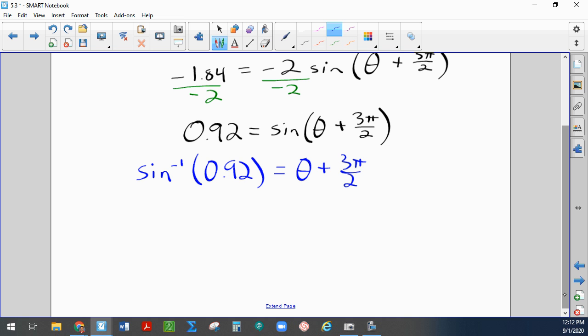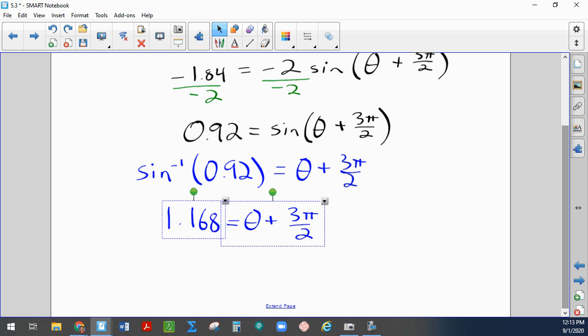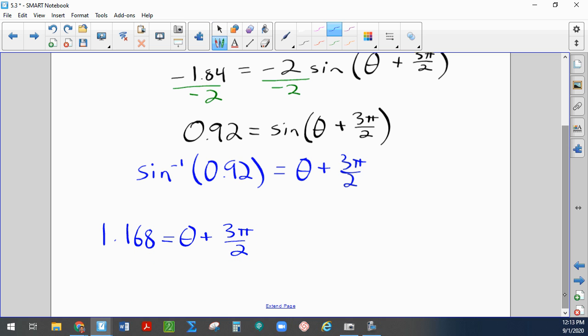So the inverse sine of 0.92 is 1.168 equals theta plus 3 pi over 2, and the other angle theta equals theta plus 3 pi over 2.